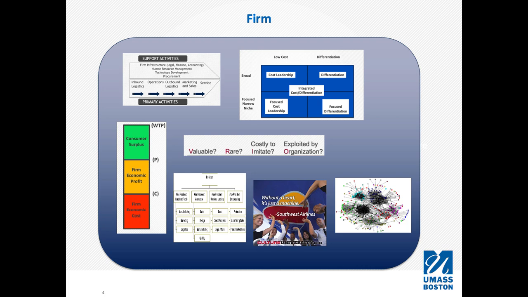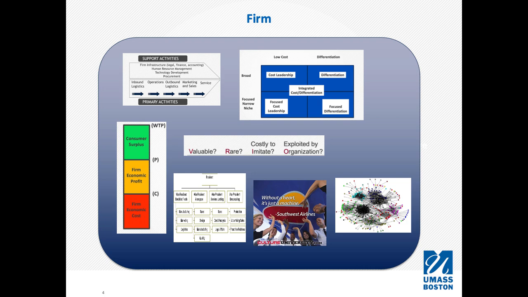First we have the firm and all the things we have to think about in terms of its internals: a firm's value chain, its generic business strategy, how the firm generates value, thinking about the stoplight, VRIO, and what are the firm's key competencies and resources, and then how all of those both help to create but are also impacted by formal and informal organizational structure.